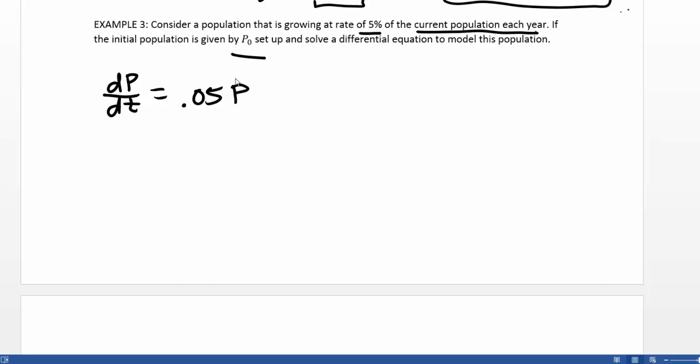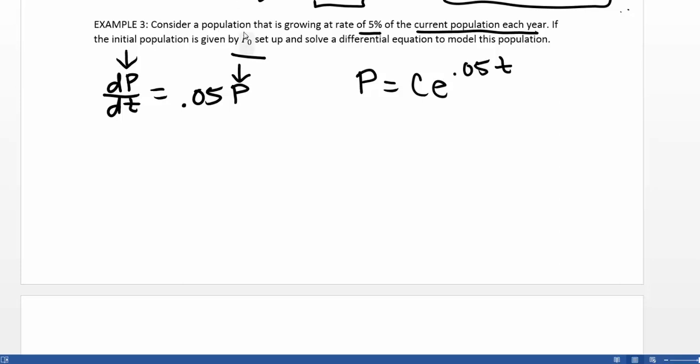So our differential equation looks like this. Notice again that our dependent variable is the same as the variable we're using on the right. So we know we have an exponential function here. So if we were to solve this, we would have P equals C e to the 0.05 t, based on the variables I used.